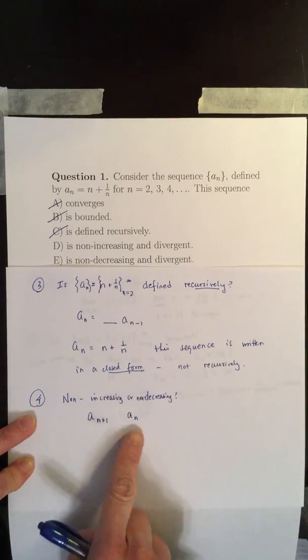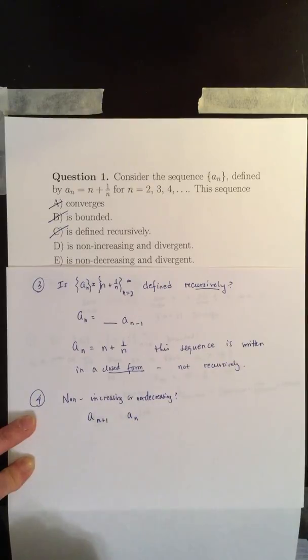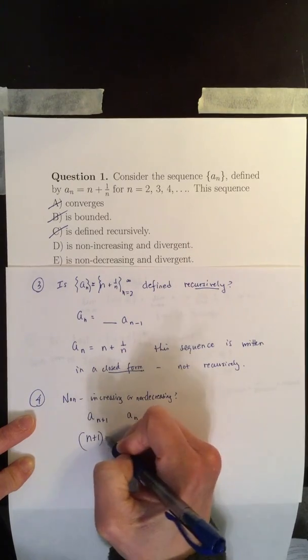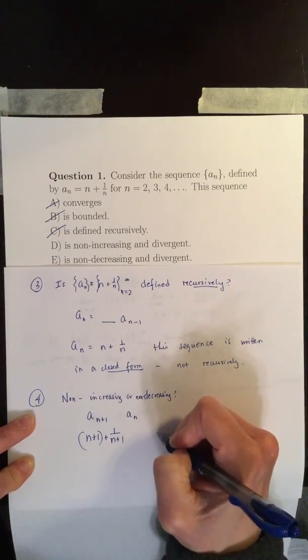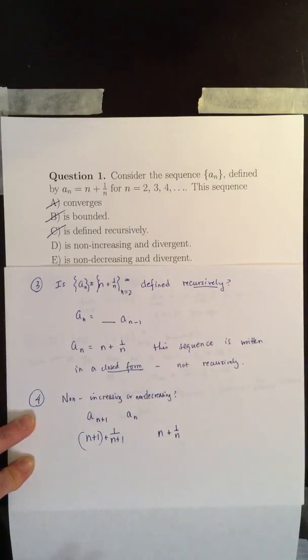In other words, as I go from one term to the next, what's that relationship? Well, a sub n plus 1 is n plus 1 plus 1 over n plus 1. A sub n is n plus 1 over n. And so what is the relationship between these two?